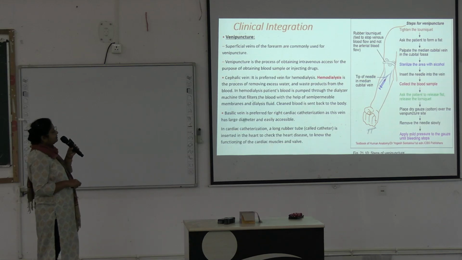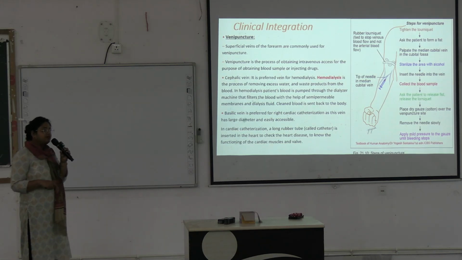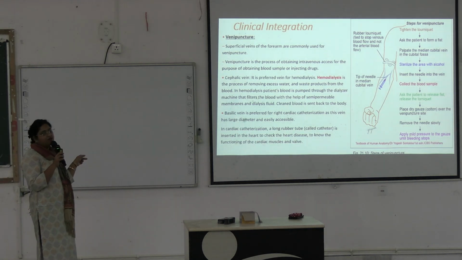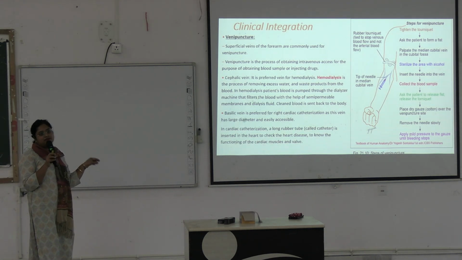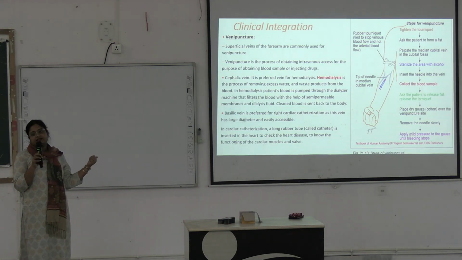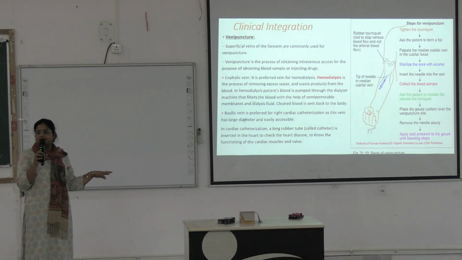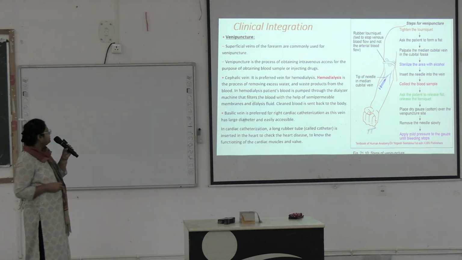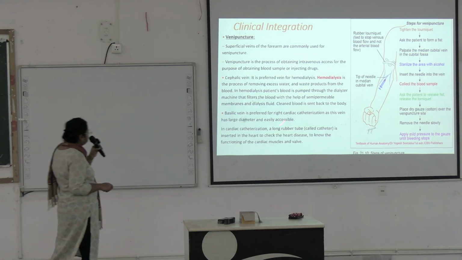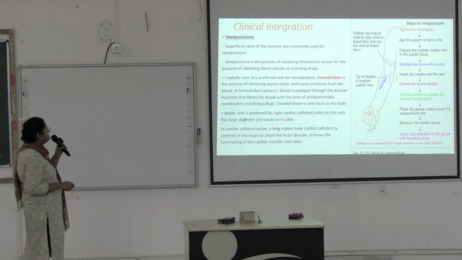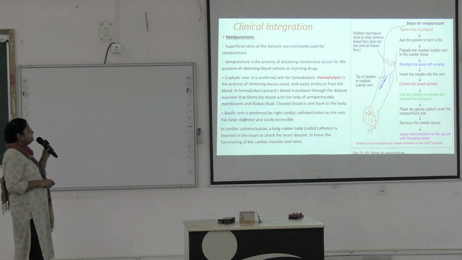These clinical aspects are important. Comes in your explain why question theory. Okay, why in hemodialysis cephalic vein is used? Why in cardiac catheterization basilic vein is used? All these are important. Explain why questions. Okay. So, basilic vein is preferred for right cardiac catheterization as this vein has large diameter and easily accessible.